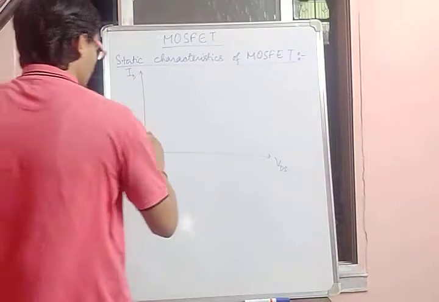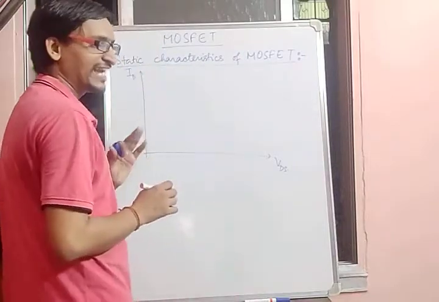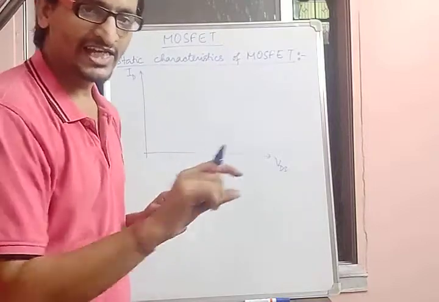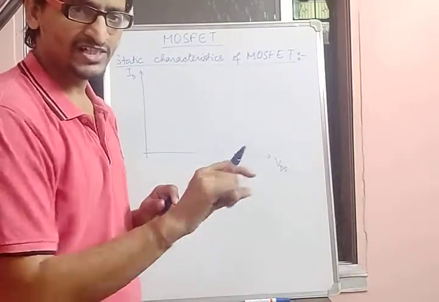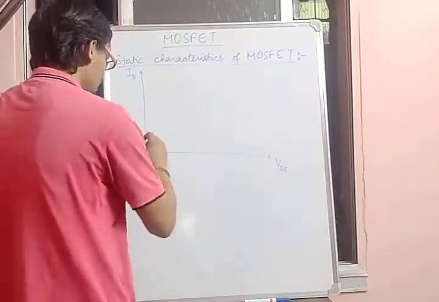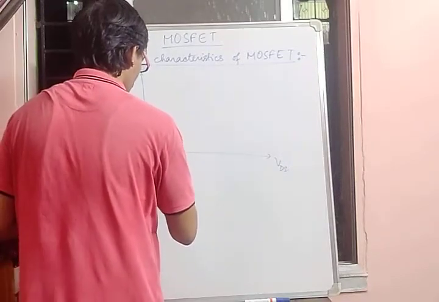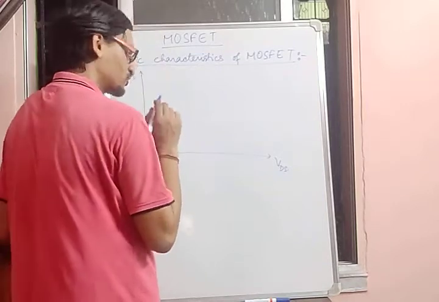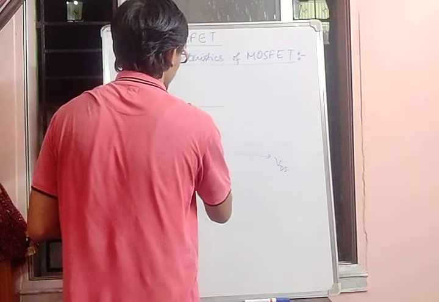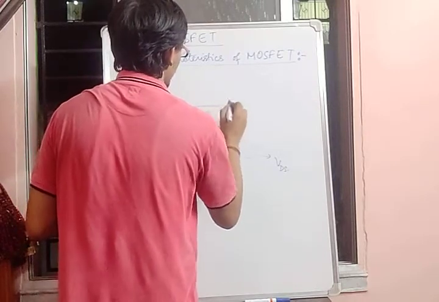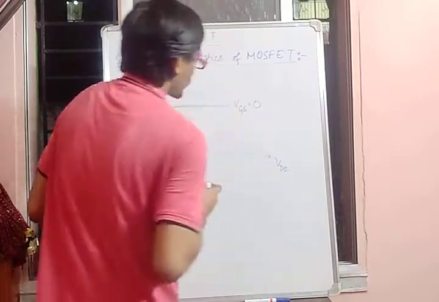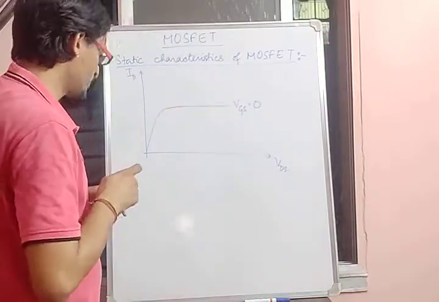In that case, when your VGS is 0, your current is not 0, because a channel was diffused in the n-type substrate in between source and drain. So even though VGS is 0, a current will flow from source to drain. This is the case for VGS to be 0.